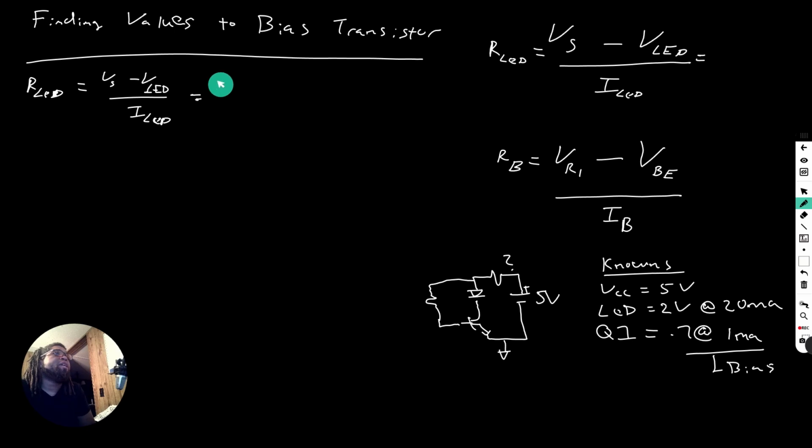The supply voltage is 5, the voltage for the operating LED is going to be 2, and then the current is 20 milliamps. If we convert that to amps, it's going to be 0.02 amps.